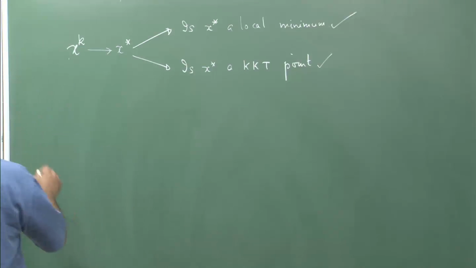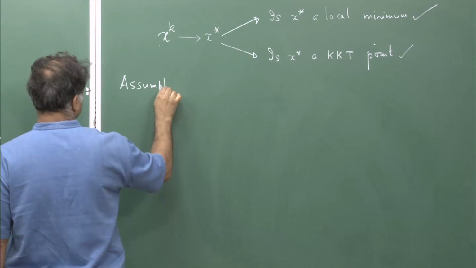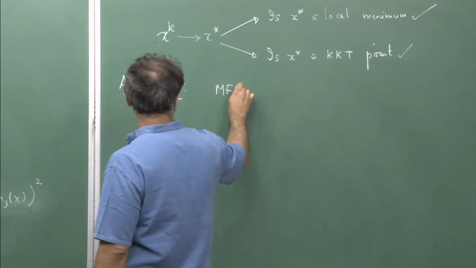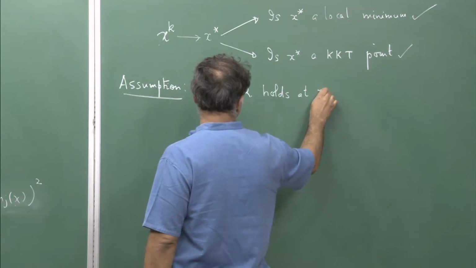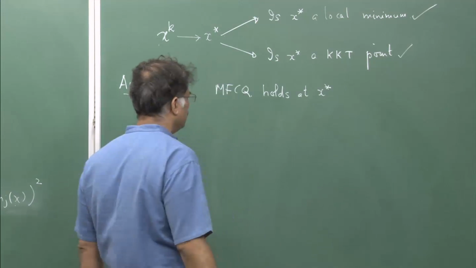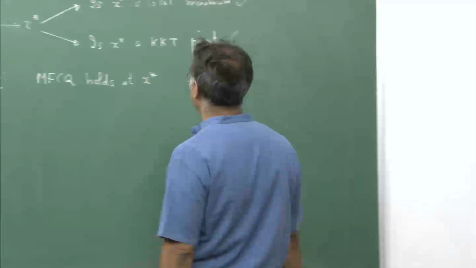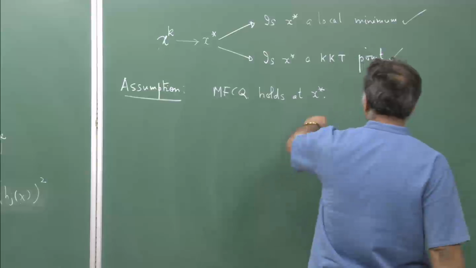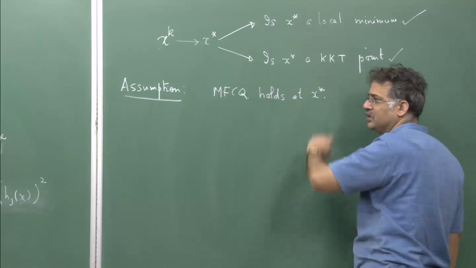Our fundamental assumption is that MFCQ holds at x star. That is, the Mangasarian-Fromovitz constraint qualification holds at x star. If this holds at x star, then you can guarantee that this is the KKT point.